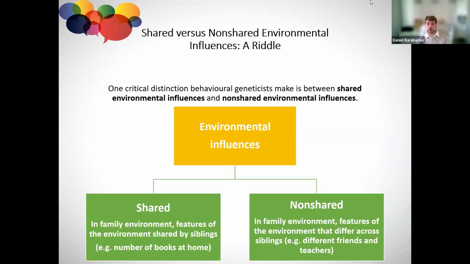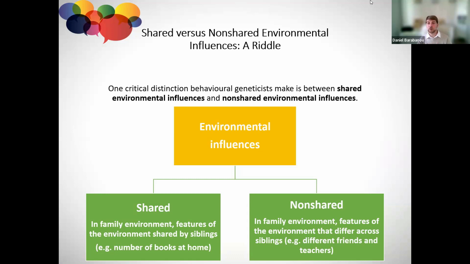Shared environment in family features is what siblings have in common, for example, number of books at home or salary of their parents. So no matter how many children are in the family, they have something in common in terms of their apartment and access to different things, such as books at home, number of personal computers, or money.